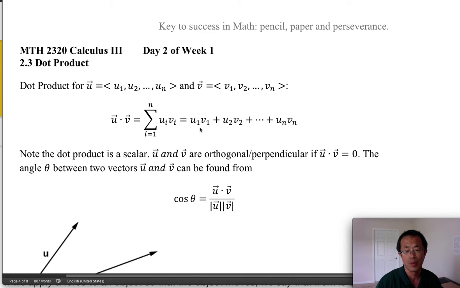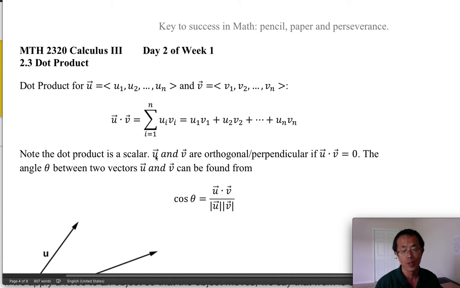Seemingly, it may still look pretty long, but I hope you are seeing we are adding some numbers together. So overall, it is still a number. A scalar quantity is a single real number, and we want to emphasize that it's not a vector. The dot product is a scalar quantity.